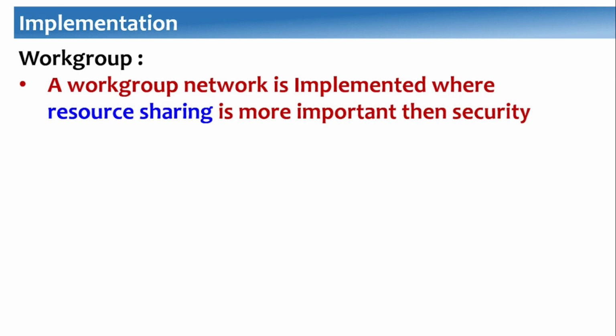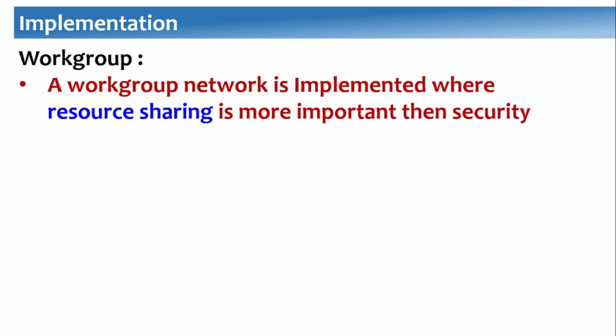So let's move on to the implementation now. Where can we implement a workgroup network and where can we implement a domain network? A typical workgroup network should be implemented where resource sharing is more important than security.